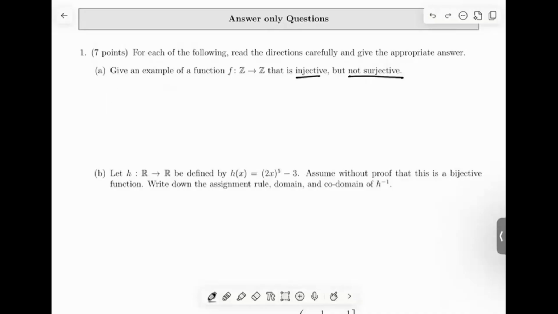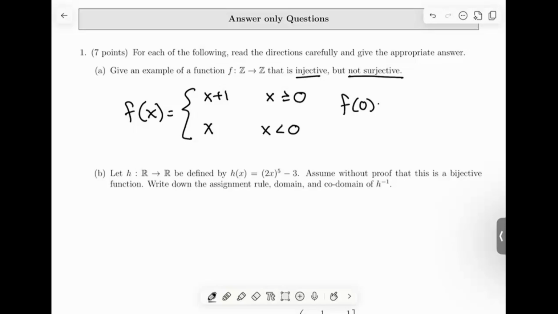So maybe f of x is x plus 1 for all integers greater than or equal to 0, and x for x less than 0. So f of 0 is 1, and f of -1 is -1. I skipped 0 there, but every other number gets hit. So this is injective and not surjective.